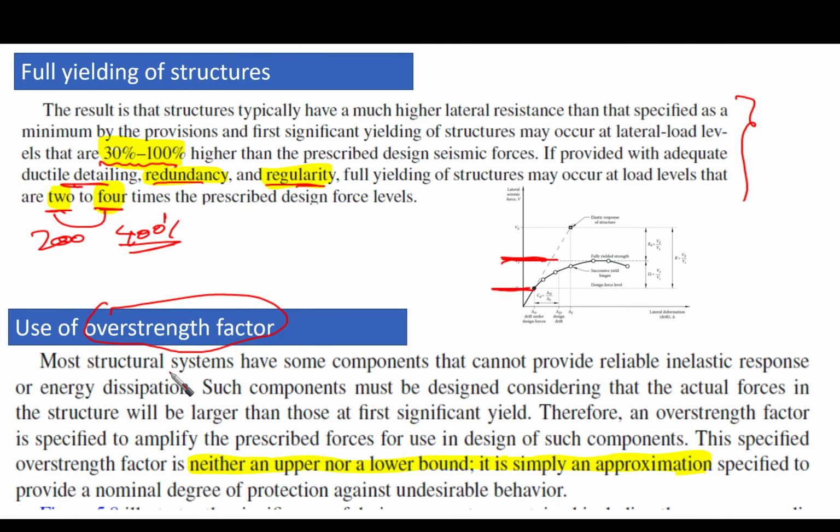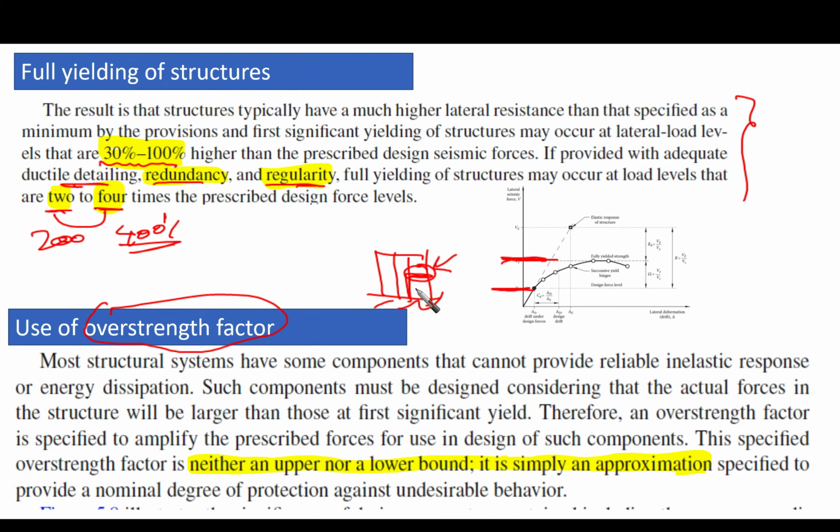Most structure systems have some components that cannot provide reliable inelastic response or energy dissipation. That's true. In your structure system, you are going to find that you have some elements of the structure that are not able to provide the energy dissipating pattern, or they are not going to provide a reliable inelastic response. So they need to be elastic.